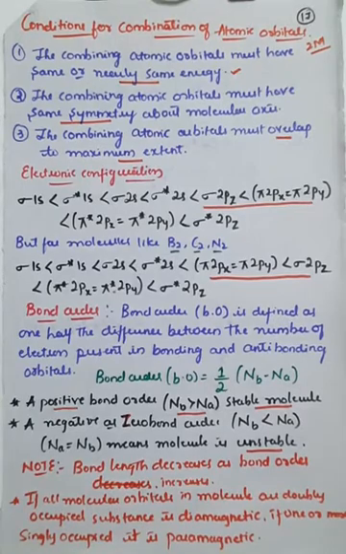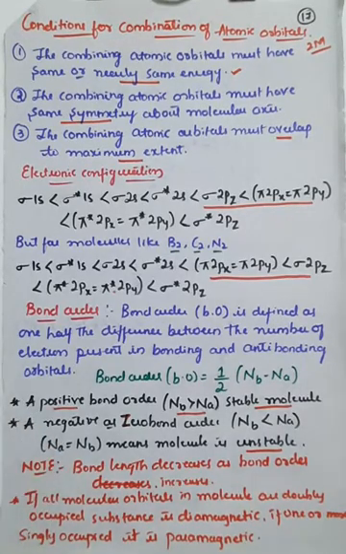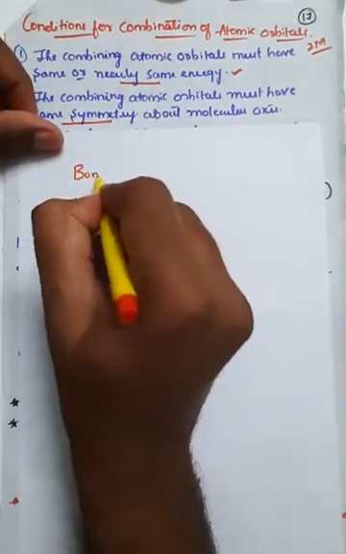So here, in case of bond order, we have given the statement of what happens. We'll solve for the bond order.